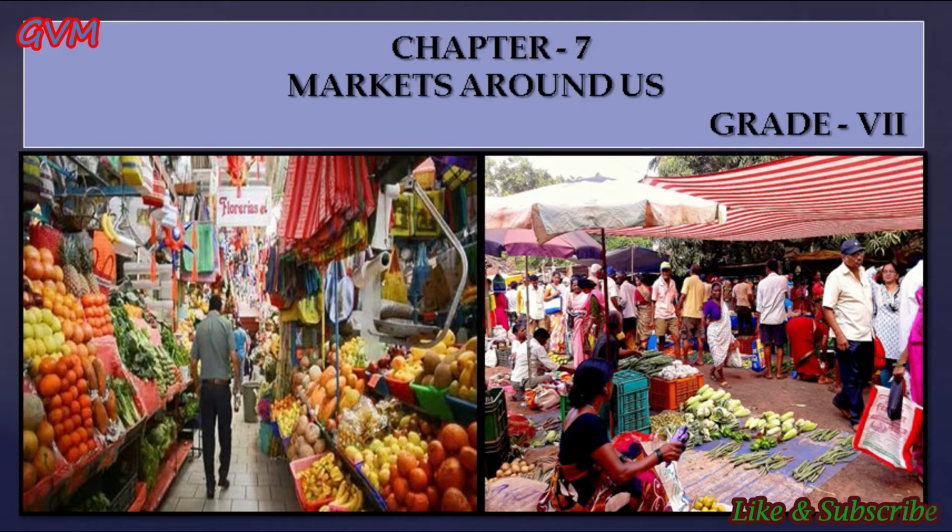And in fact, a market is a link between the initial producer and the final buyer. And students, moreover, there are various things that constitute a market, like hawkers, stalls, shopping complexes, shops and malls.